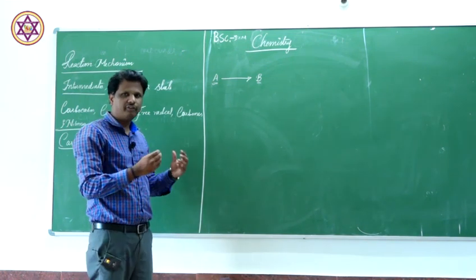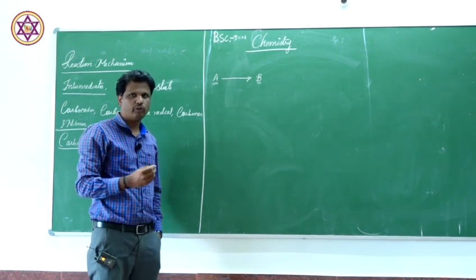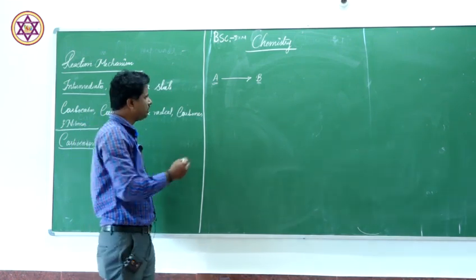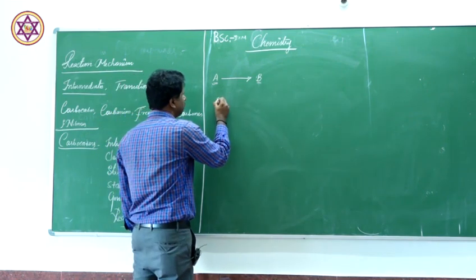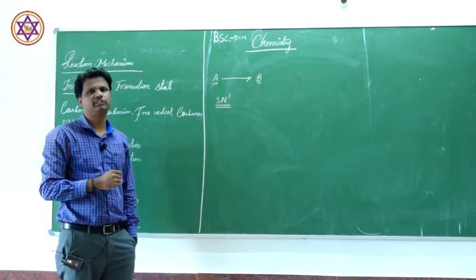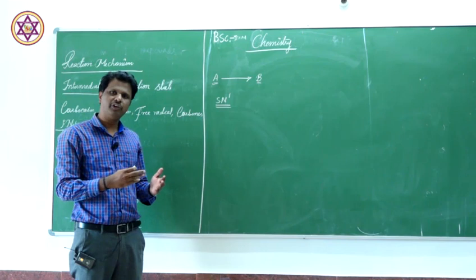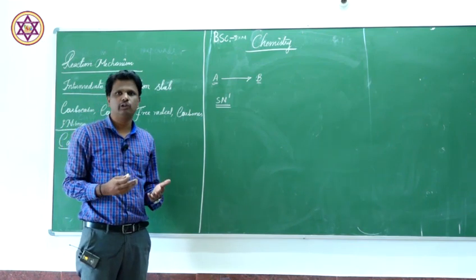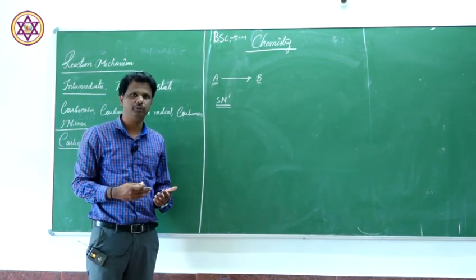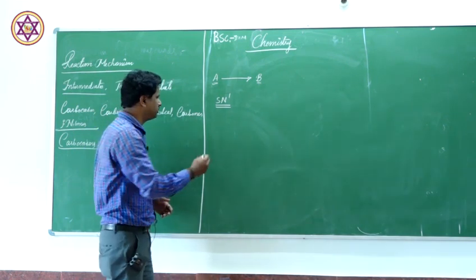Just to clarify this concept, let us take a simple example that we have studied in second PUC. Let us consider the unimolecular nucleophilic substitution reaction, that is also called the SN1 reaction. For SN1 and SN2 reactions, we generally write an energy profile diagram in PUC. I am going to reconstruct the same energy profile diagram to help you understand.